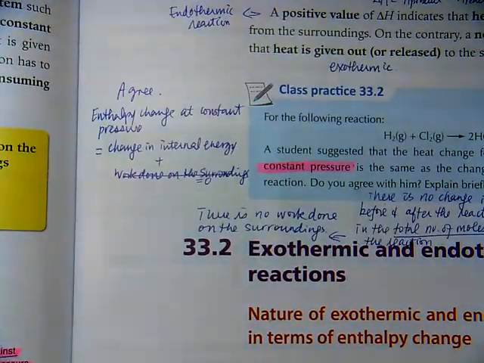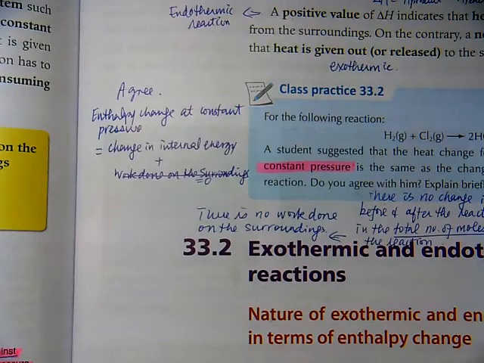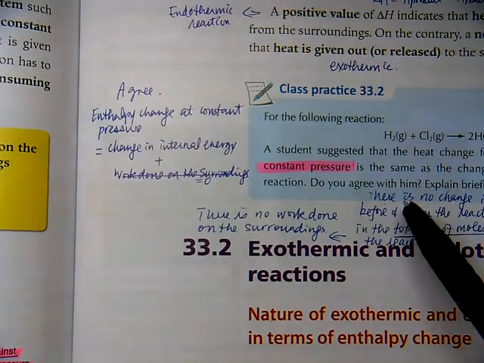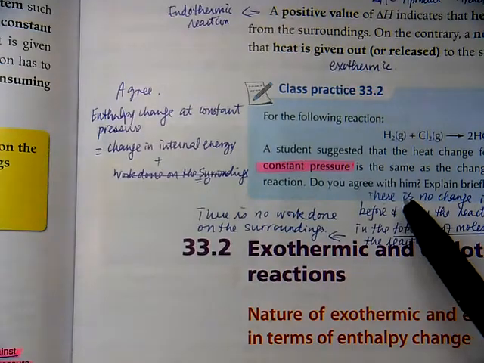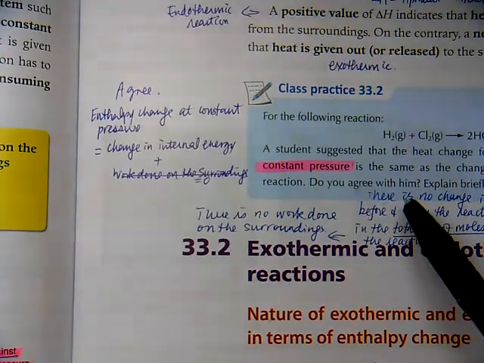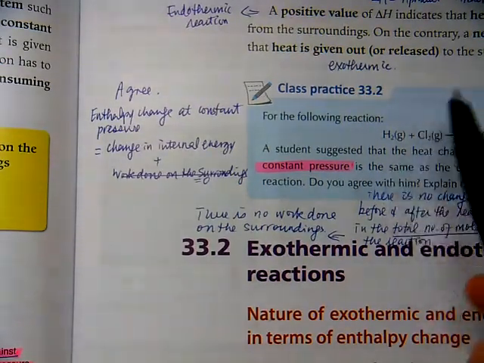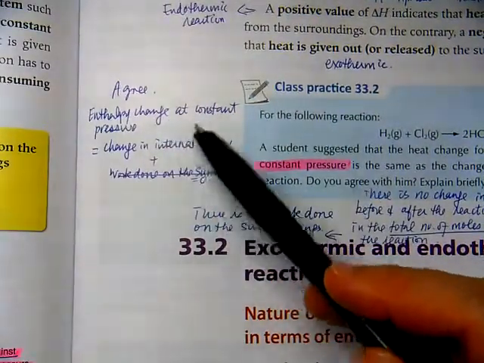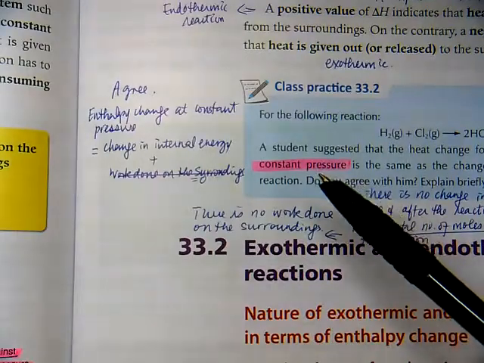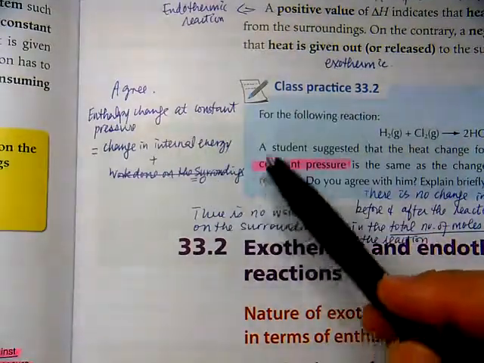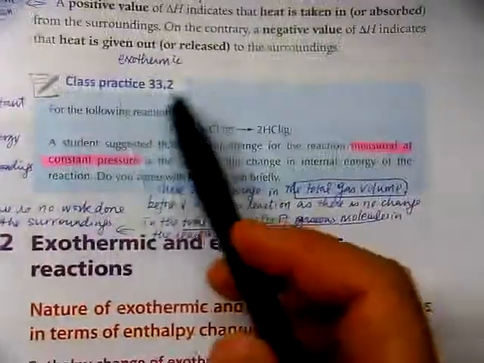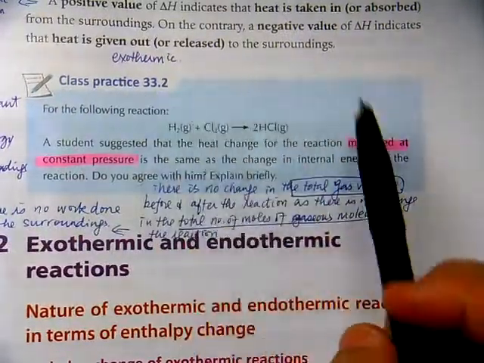Again, for physics students, if you have stuck on these topics, about pressure, you may understand this idea in detail. But for chemistry students, it doesn't matter. Seldom asked in the examination about class practice 33.2.